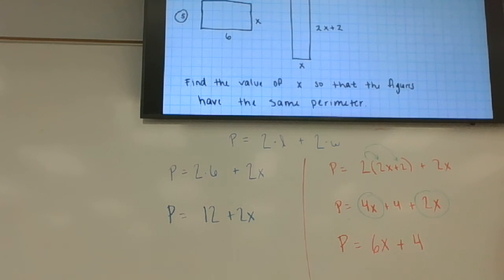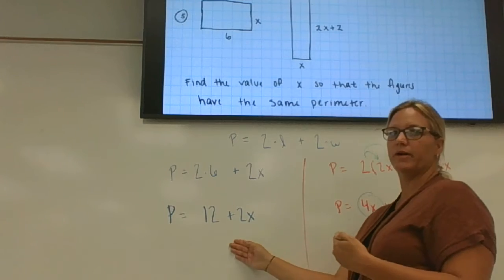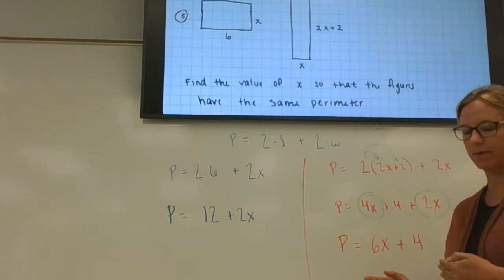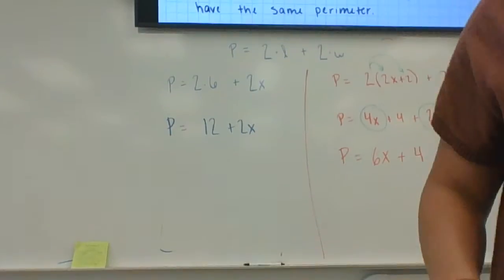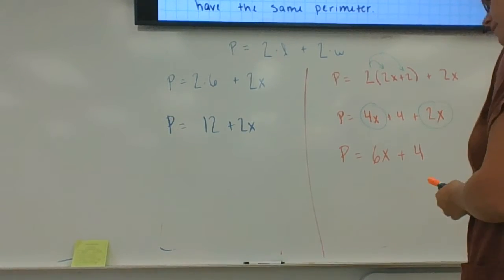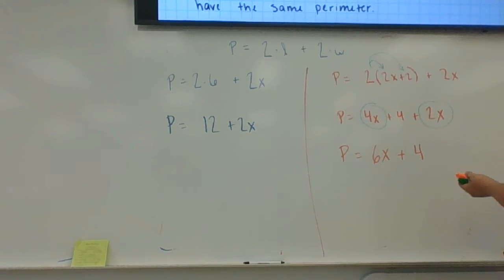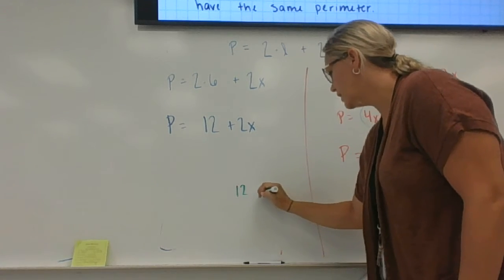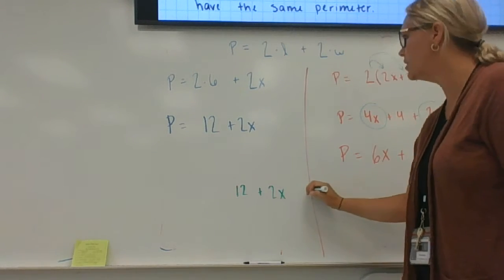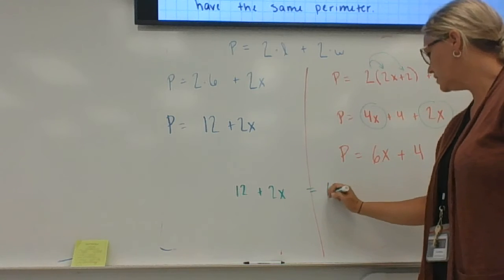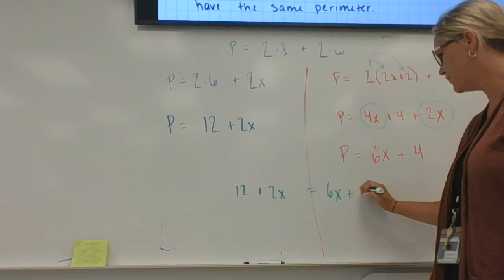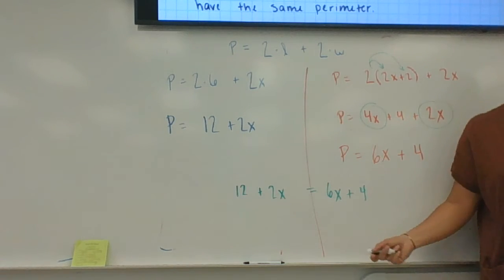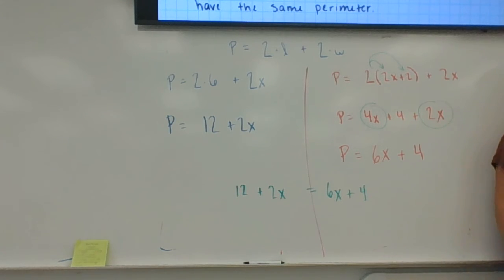Equals. Same means we need an equal sign. Let's make them equal and solve for x. So let's set this perimeter equal to this perimeter and solve. So it's 12 plus 2x, the perimeter of the left figure, equals 6x plus 4, the perimeter of the right figure. You go ahead and solve that.